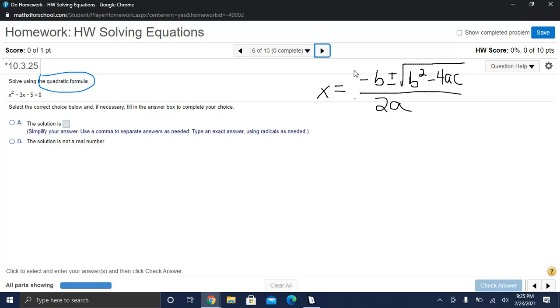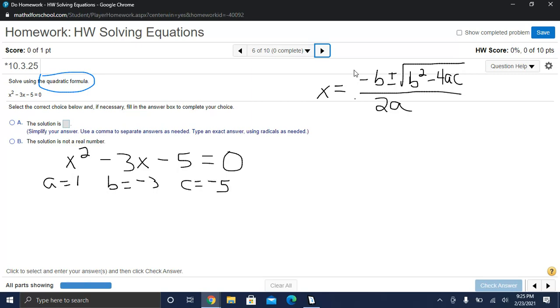And so in my problem, I have the problem x squared minus 3x minus 5 equals 0. So in my problem, the a is a 1, the b is negative 3, the c is negative 5. So I'll have x equals, all right, so I'm going to use a parentheses anytime I substitute in.